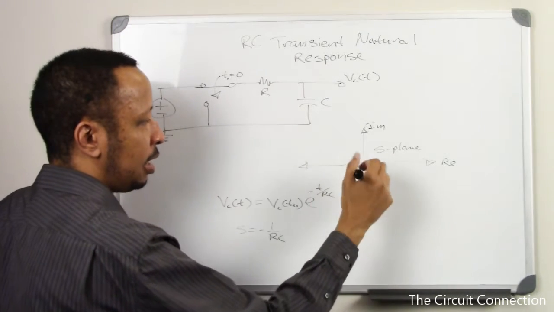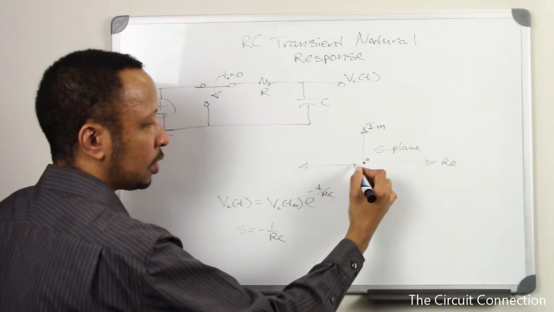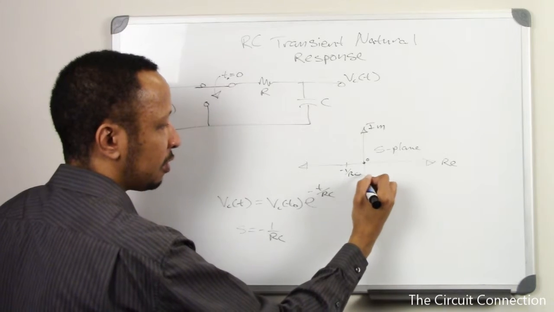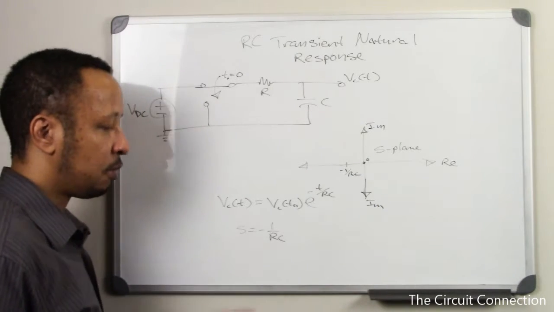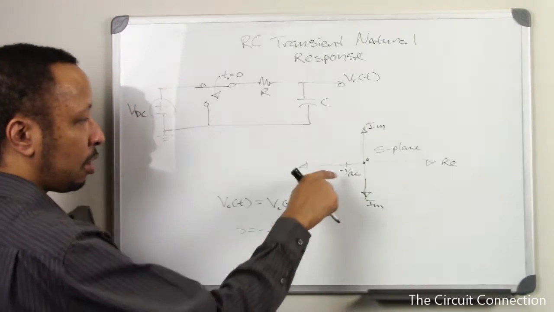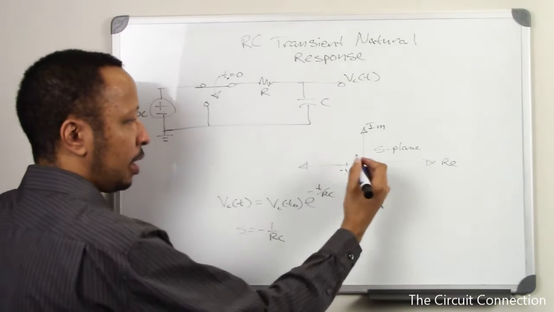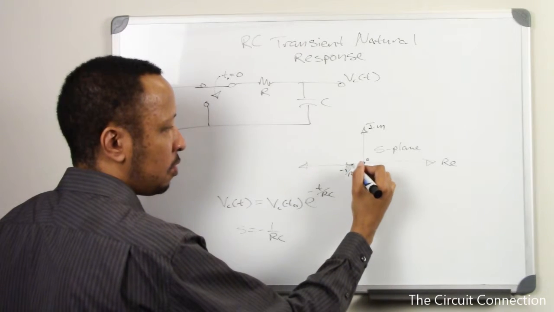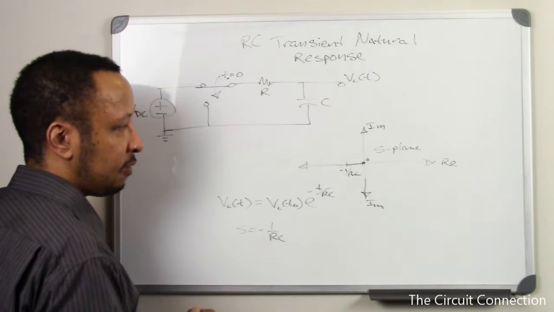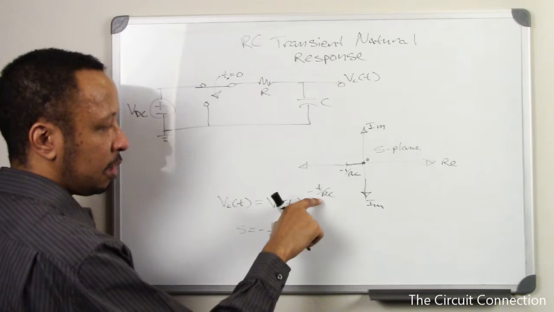So where is that? If this point here is 0, then -1 over RC, being a constant itself, is somewhere over here. What does that mean? As we go more and more towards 0, let's say -1 over RC equals 0, then what would that mean for our function?